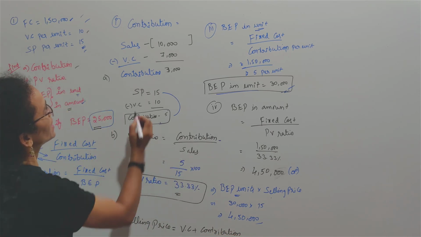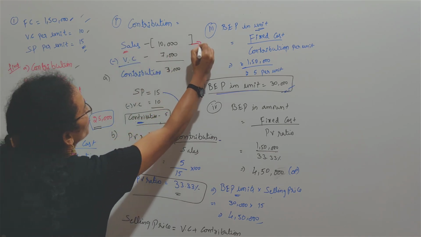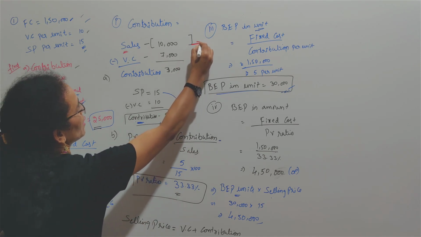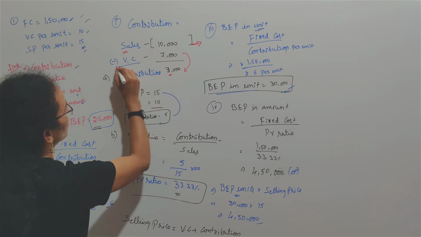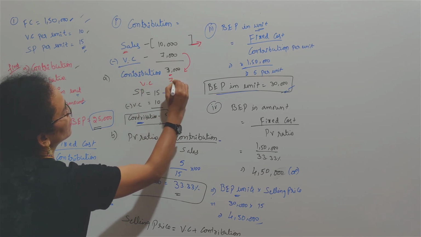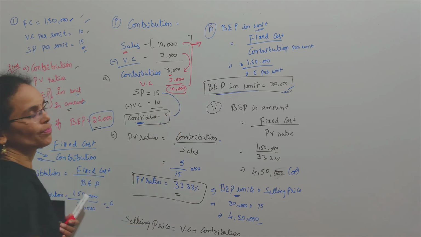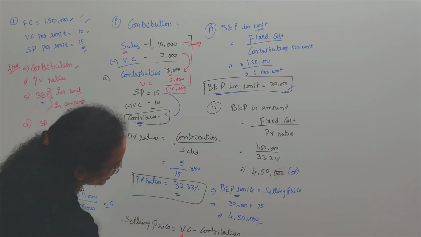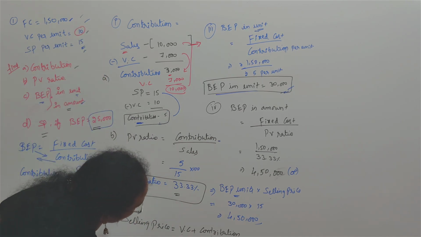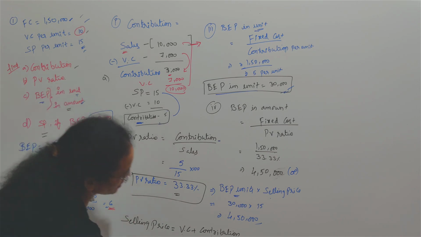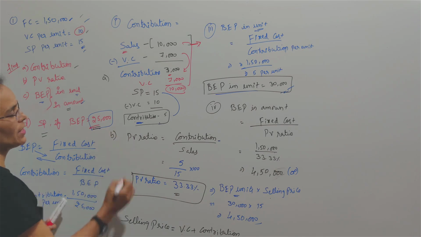Here, selling price is the amount recovered, so selling price equals contribution plus variable cost. Variable cost is 10 rupees and the contribution we got just now is 6 rupees. So the selling price is 16 rupees if the break-even point is 25,000.